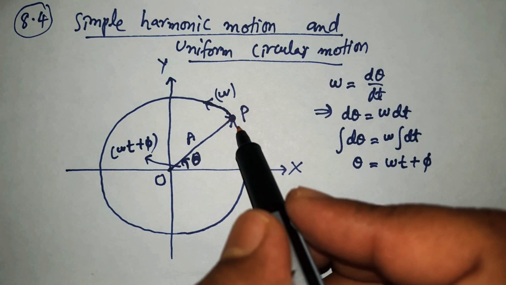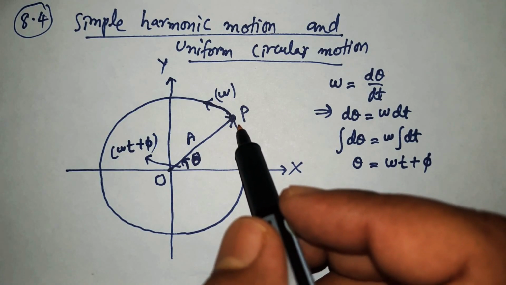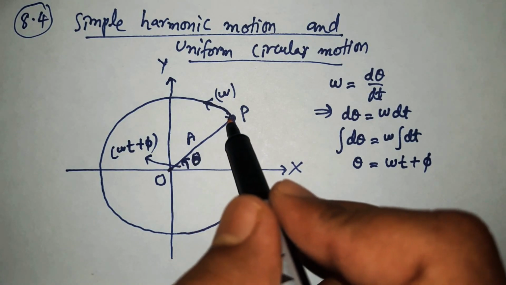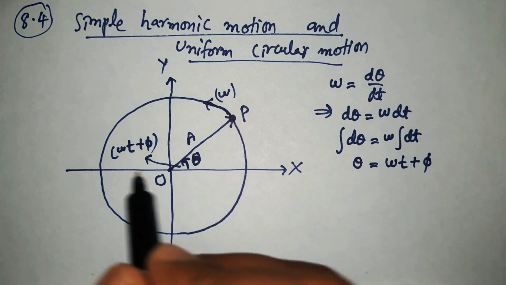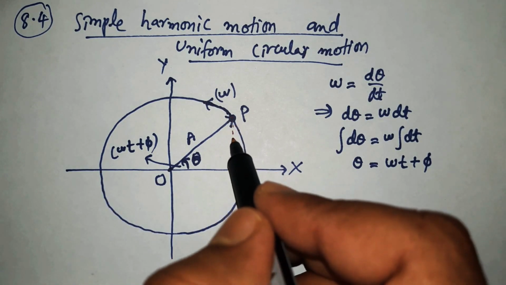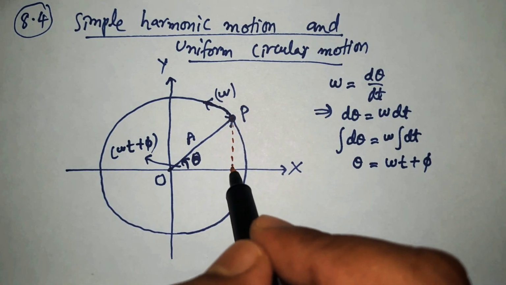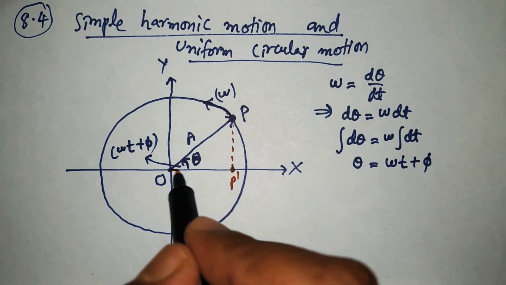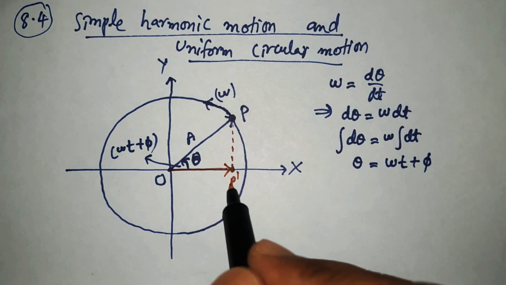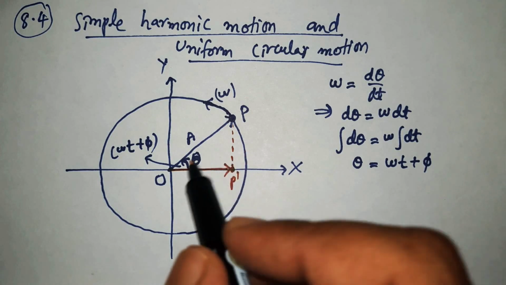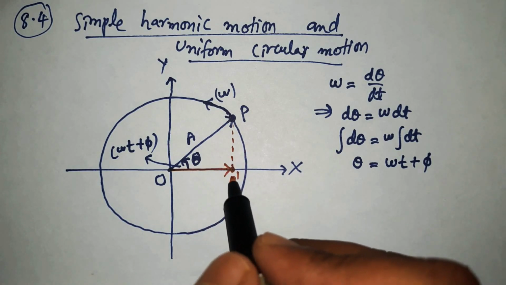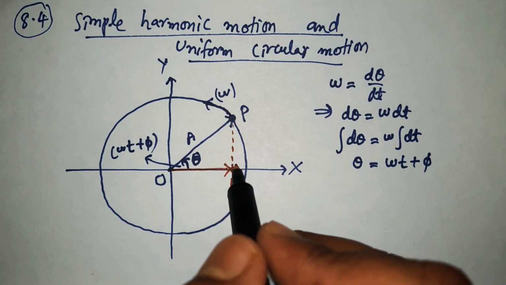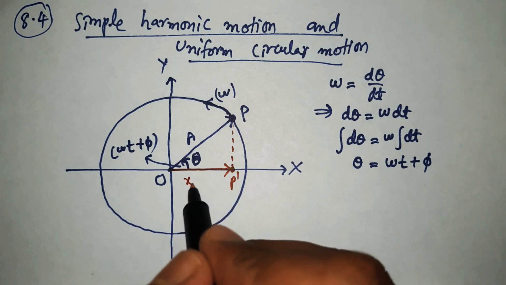Here the projection of the position vector OP on the x-axis is OP dash. So the position of P dash on the x-axis is x of t.